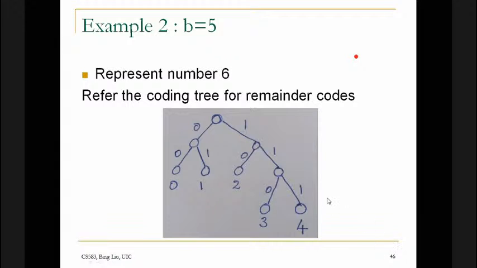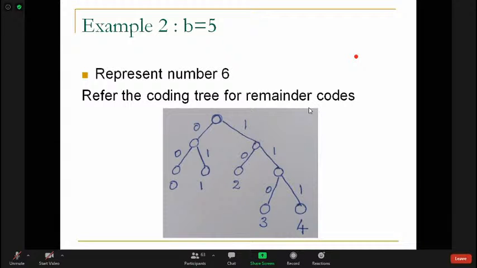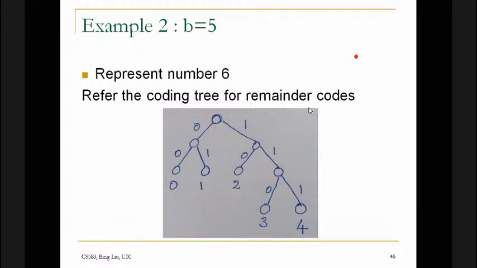You can't have a balanced tree. You will have a balanced tree only when B is a perfect power of 2. So here you have 0, 1. 2 should also use only 2 bits, whereas for 3 and 4, you will have 3 bits. That's why you will read it in this way. Is it clear? So now you have to represent the number 6.